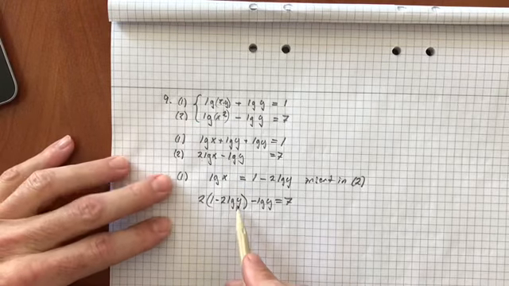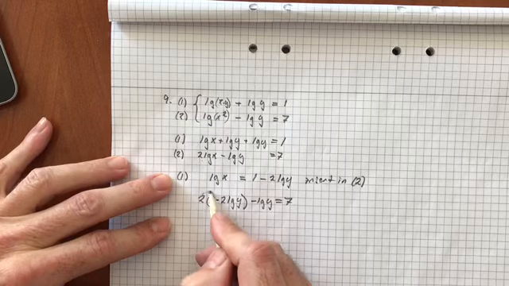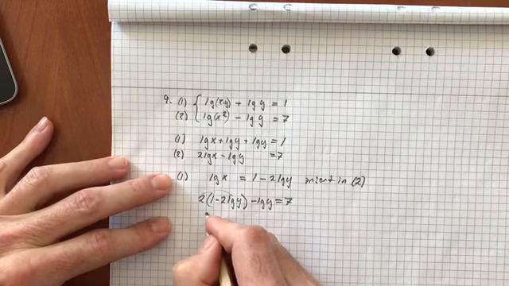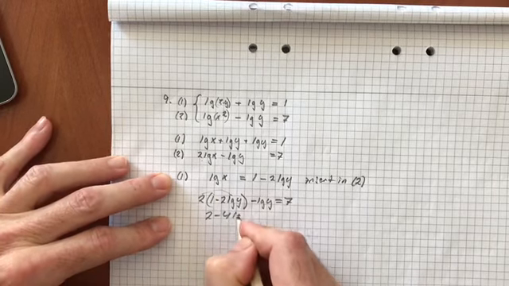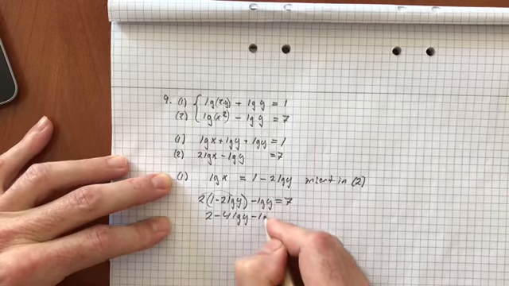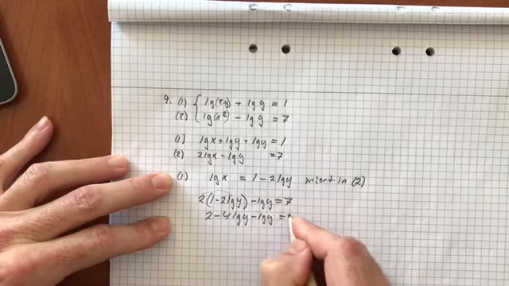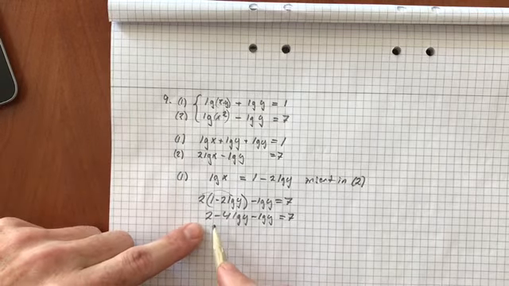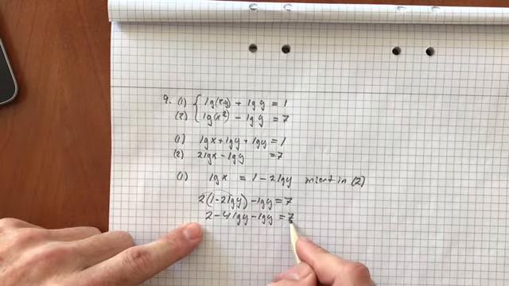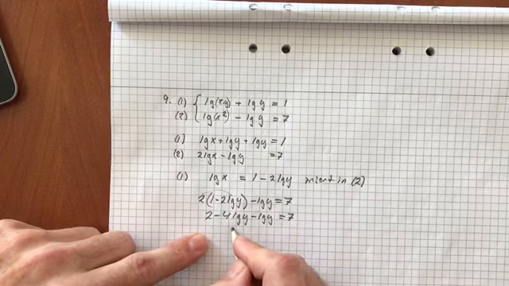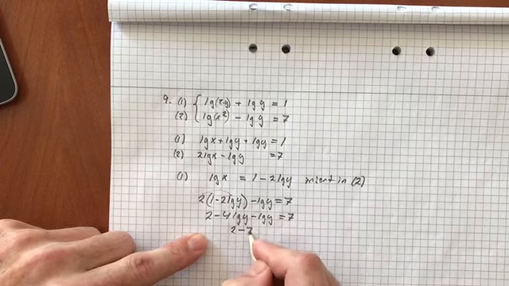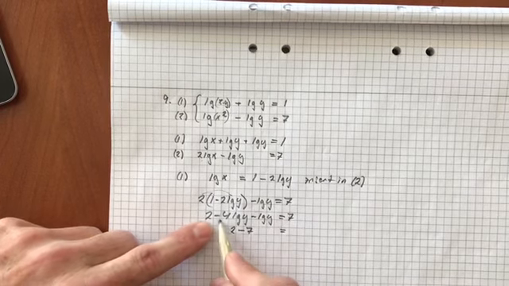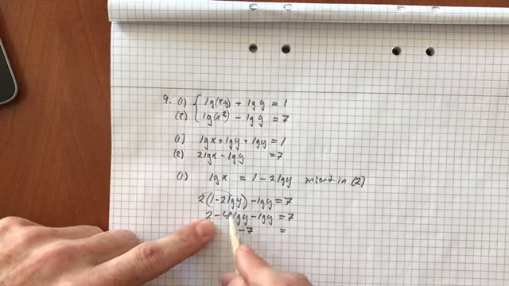Now, let's find out y. So I multiply according to the distributive law, and I get 2 minus 4 log for y minus log for y, and that's equal to 7. So I subtract 7, so I get 2 minus 7. And then I don't want negatives here, so I add this.